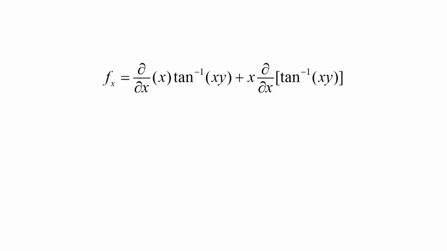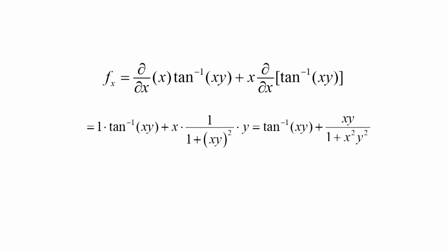Hence, treating y as constant and applying the product rule of differentiation of functions of one variable, we get f suffix x is equal to ∂/∂x of x times tan inverse of xy plus x times ∂/∂x of tan inverse of xy, which is equal to 1 times tan inverse of xy plus x times 1 upon 1 plus (xy) square times y, which is equal to tan inverse of xy plus xy by 1 plus x square y square.